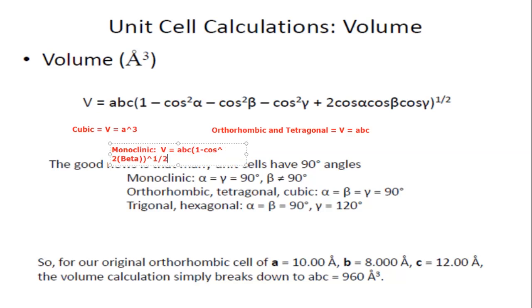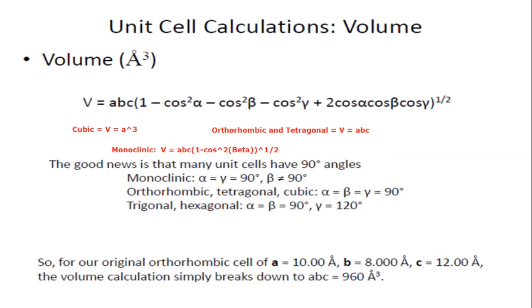So even monoclinic is not that bad to calculate the volume for. But now if we look at triclinic, which has no restrictions, you have to include the alpha, beta, gamma angles when doing the calculation.